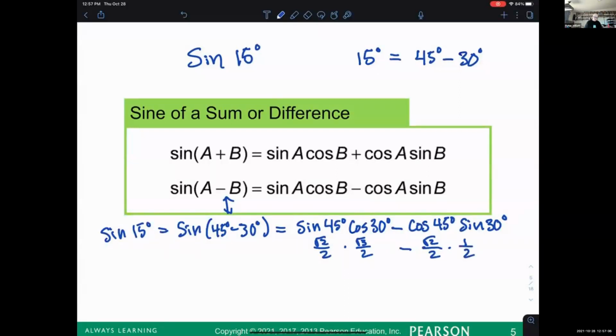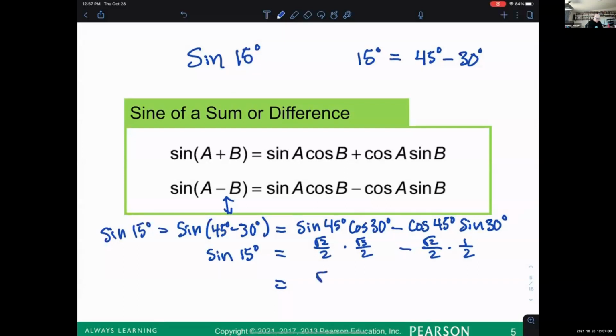And by filling in those 4 trig angle values, because we know them all, we can use this arithmetic on the right to give us the exact value for the sine of 15 degrees, which was our goal in the first place. So on the left here, I get root 6 over 4. And on the right, I get root 2 over 4.